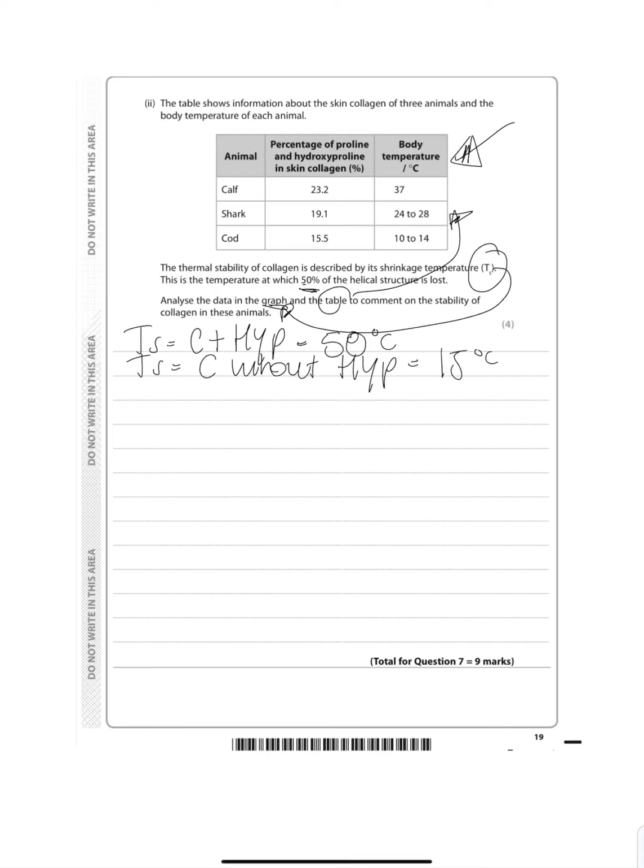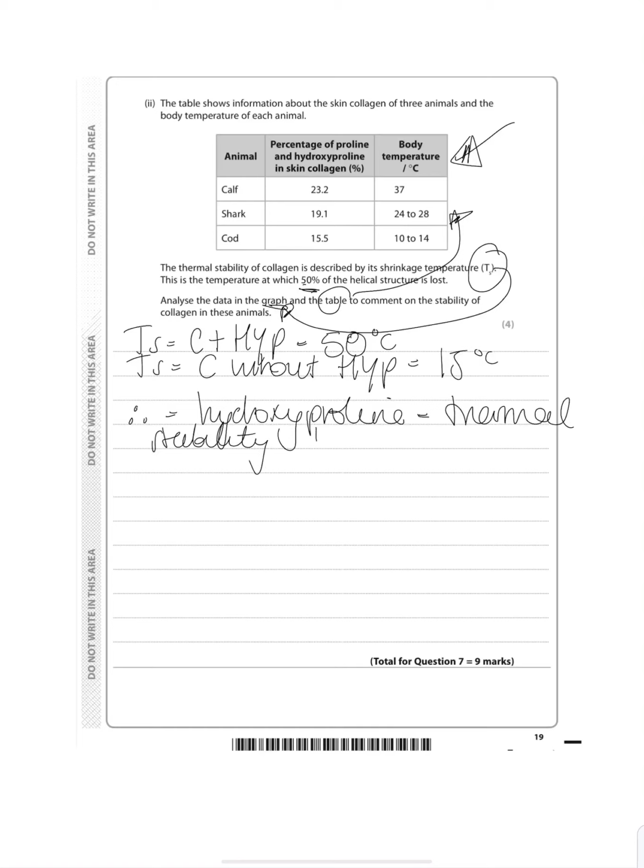So again, we've just stated this over here, but what we're going to say is our conclusion again, that the hydroxyproline is giving thermal stability to the collagen, because look at the temperature difference.